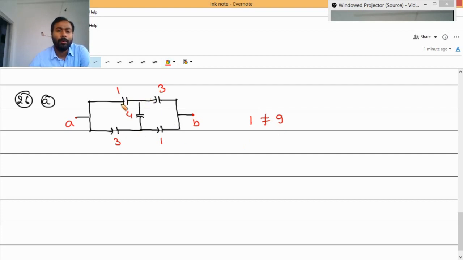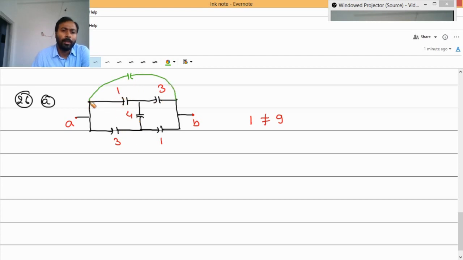If the bridge is not balanced, we can see here a T network. We will convert this T network into an equivalent pi, and after that we can solve this problem. For these two parameters we will write one equivalent parameter, let us write it like this.